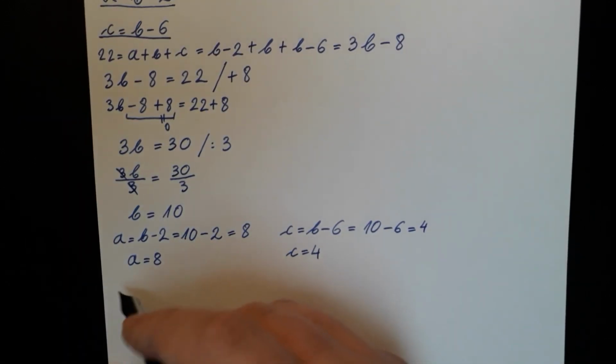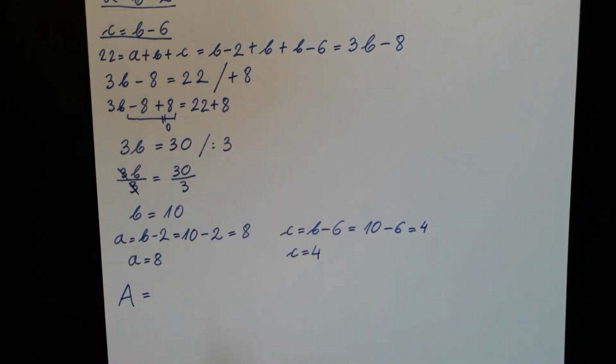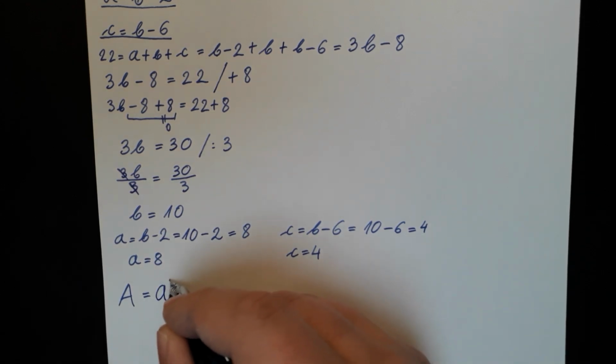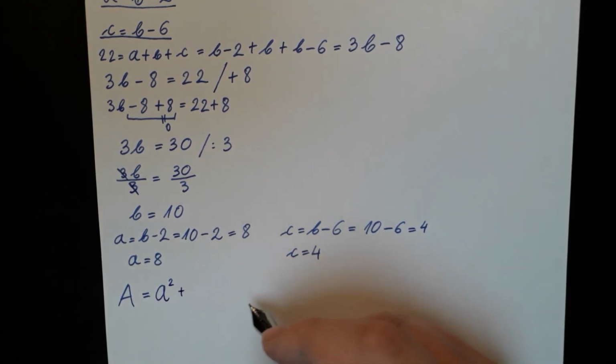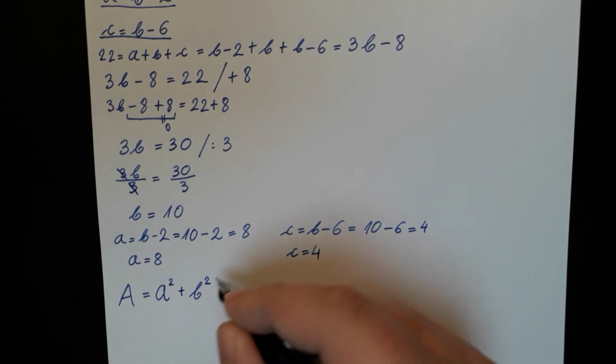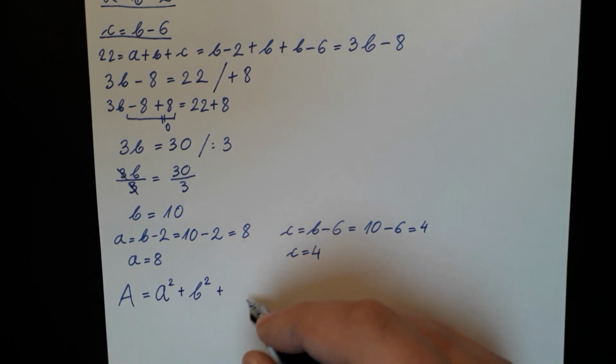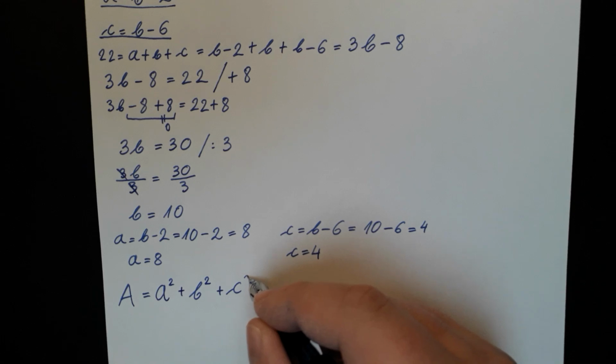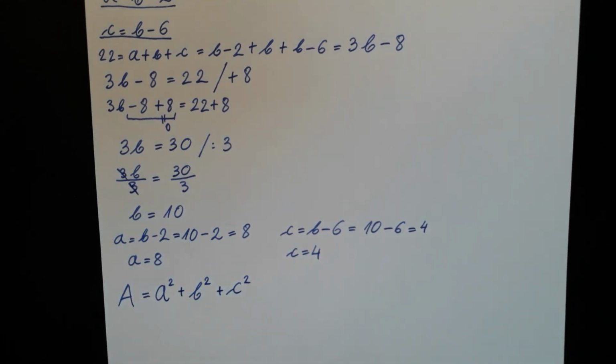The total area is equal, so the area of a square is a product of two of its sides. So for the small square we have a multiplied by a, which is going to give us a squared. For the middle square, the big one, we have b multiplied by b, which is b squared. And finally, for the small square on the right side, we have c multiplied by c, which is c squared.